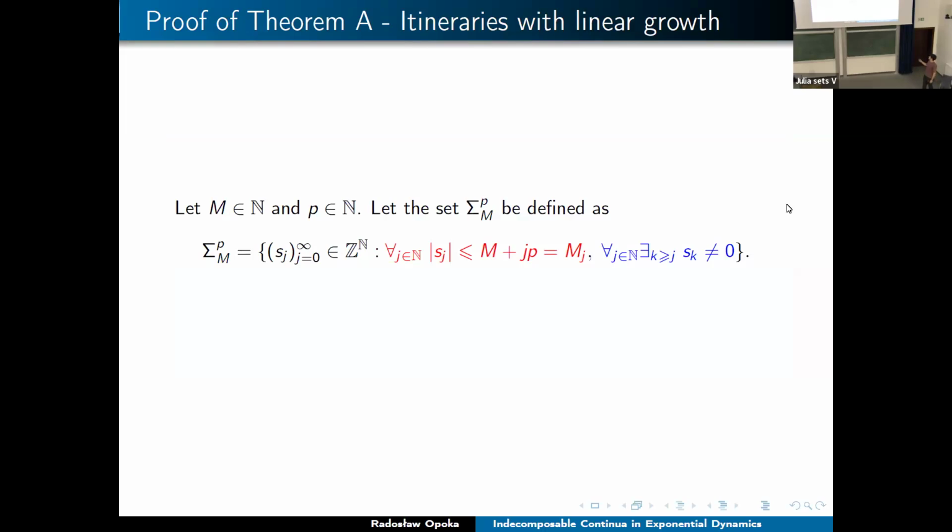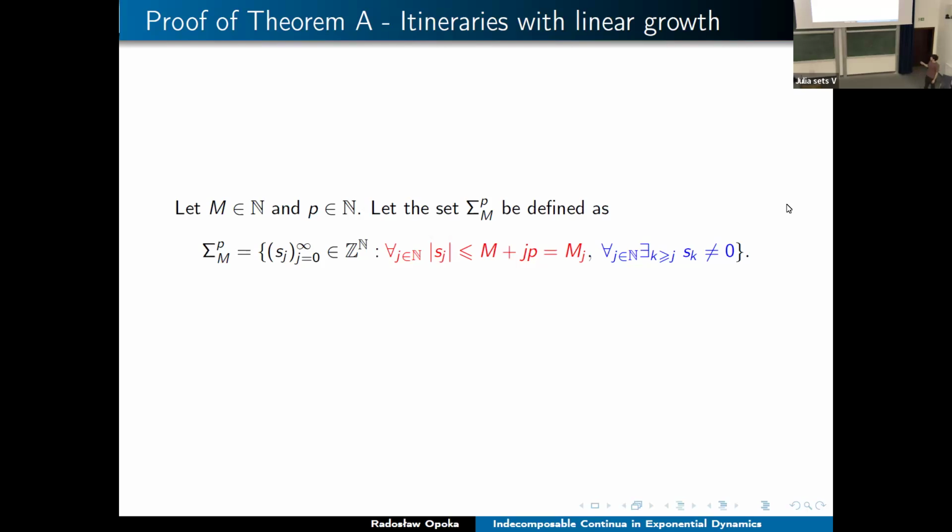And I also assume, but this is nothing new, that itineraries do not end in a sequence of zeros. This assumption allows me to not bother about this third case in the Schleicher-Zimmer classification, when the singular point maps after finitely many times onto the hair on which 0 lies.